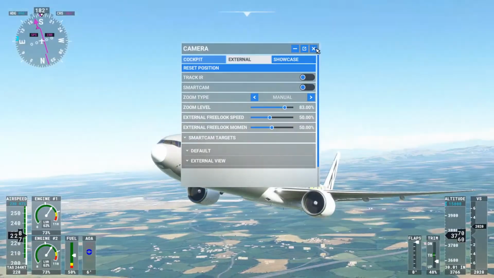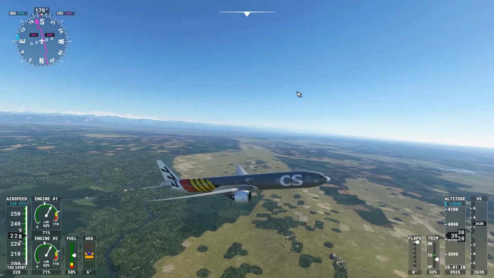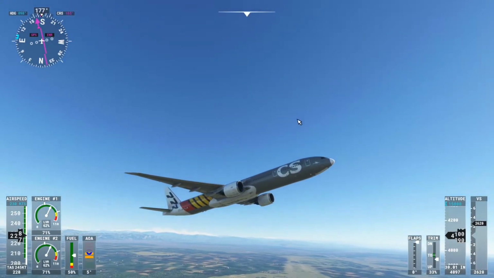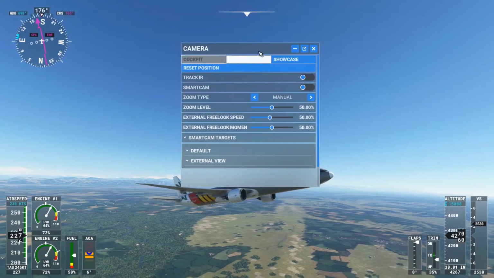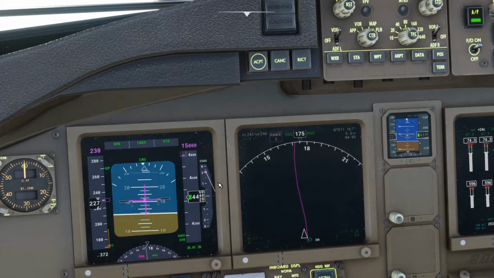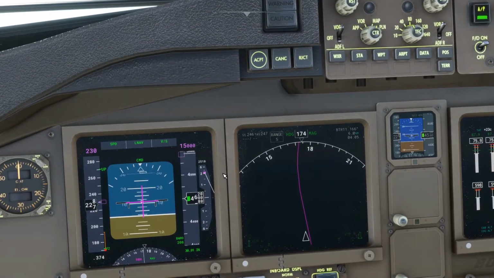Let's go out and see what's happening from outside. Okay, so it's a stable climb now. But initially it was not a stable climb. Okay, so it's now stable at 2,500. That's good.